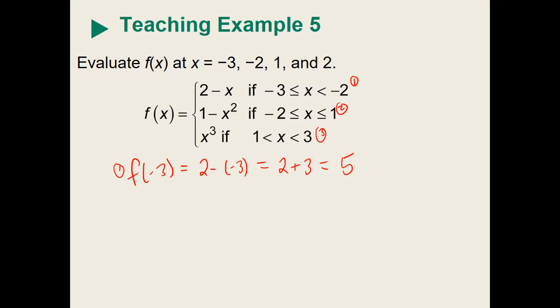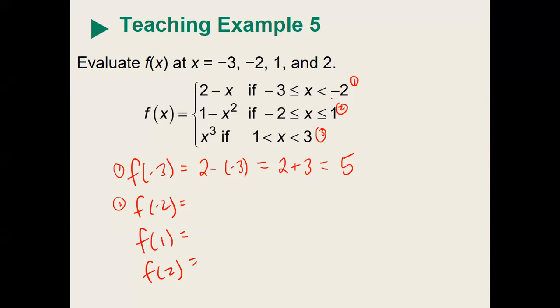Easy enough? All right, at your table, you're going to evaluate f of -2, f of 1, and f of 2. Then we'll come back together to check. All right, f of -2, what interval? Interval 2. The reason it's not 1 is, is it equal here?